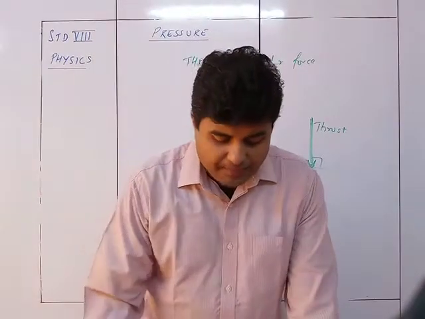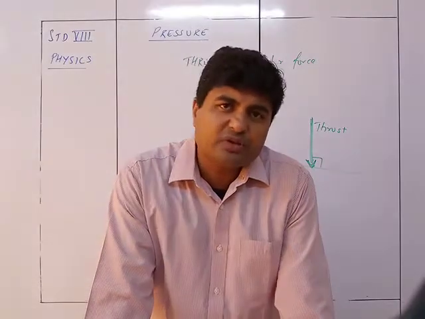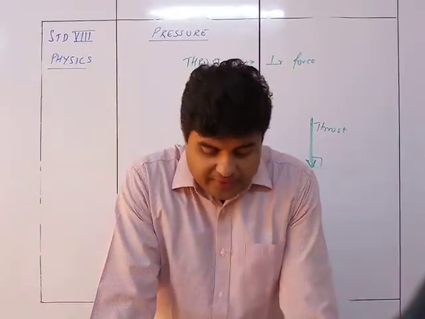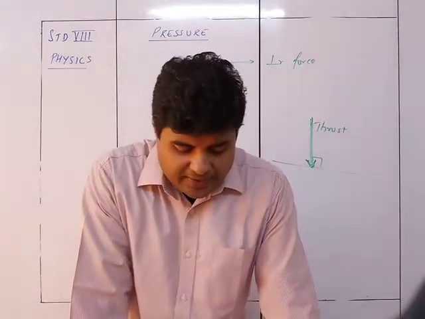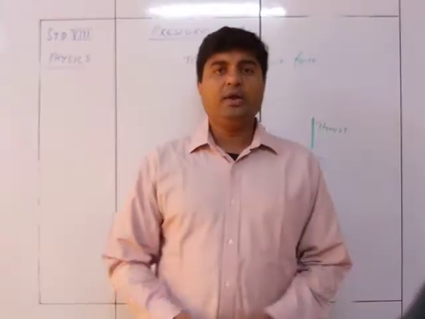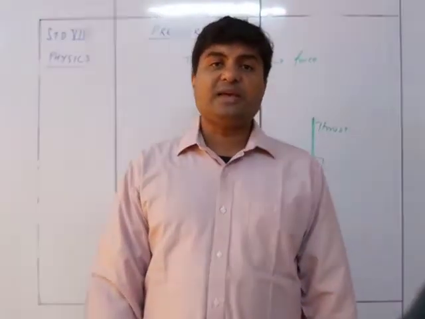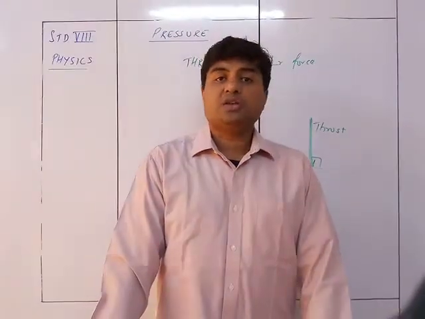So a force can be applied on a surface in any direction. We know that. If the force is applied on a surface in a direction normal or perpendicular to the surface, the force is called thrust. So we can define thrust as the force which is acting perpendicular to the surface.